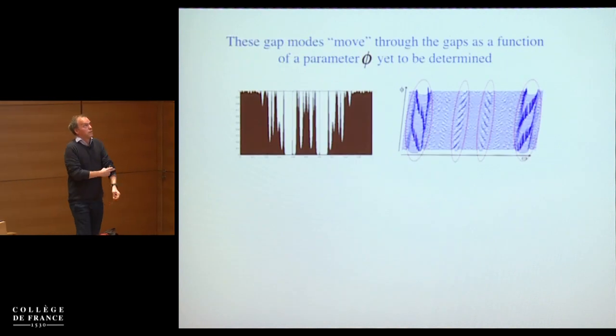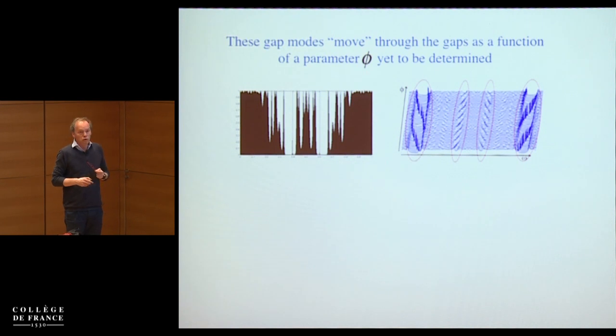Okay, so those gap modes move through the gap. They move spectrally as a function of a given parameter, phi, that I will determine later. And in fact, here is typically the kind of picture that I want to show you and to explain to you: this is the spectrum, and this is the same spectrum, but viewed as a function of this yet undetermined parameter phi, and you see that those modes, when you change phi, they move.